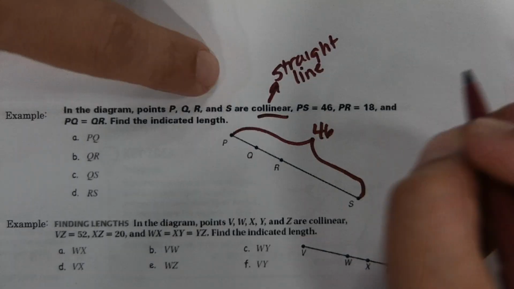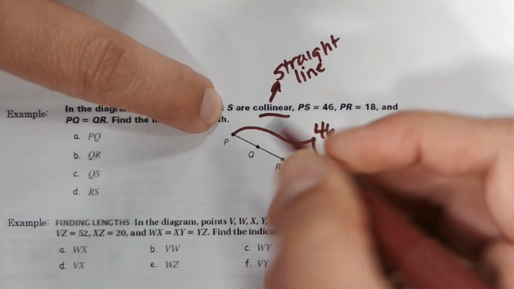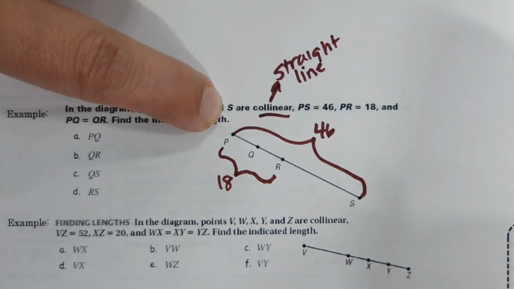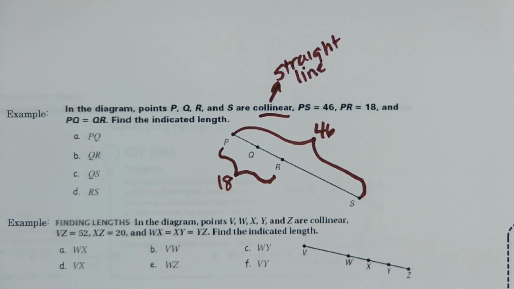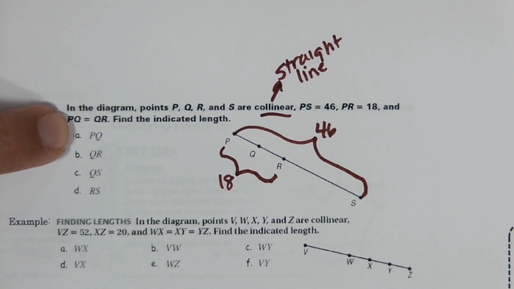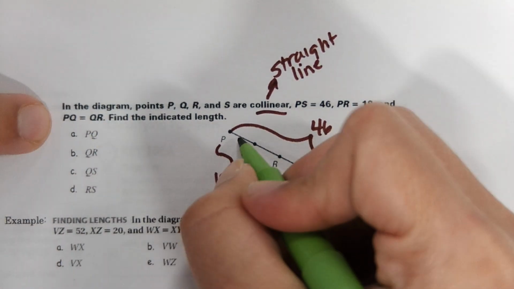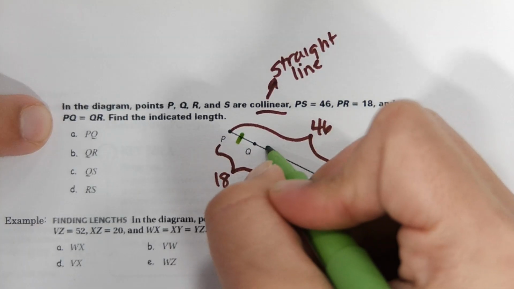It says PR, so from P to R is 18. So I will label that 18. And then it also says that PQ is equal in length to QR. So I'm going to use my little tally system to show me that. So PQ is equal to QR, like that.